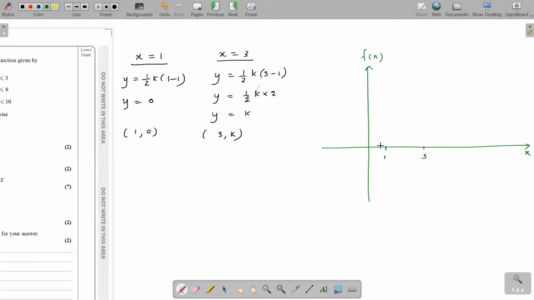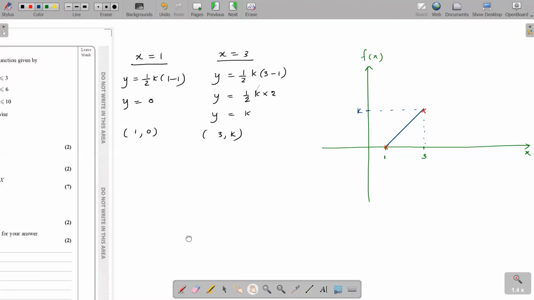At 1, you have 0, right? (1, 0) and (3, k). Is that okay? So let's say k is over here. So basically I have a straight line. Okay, right.